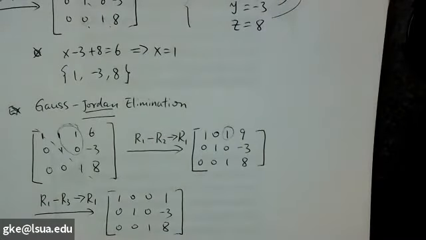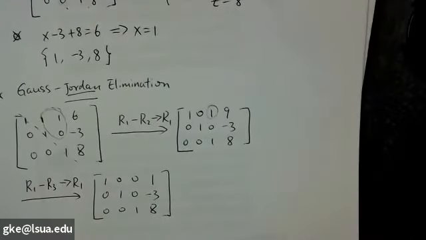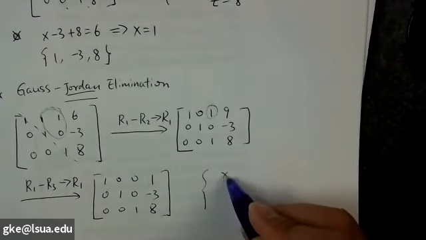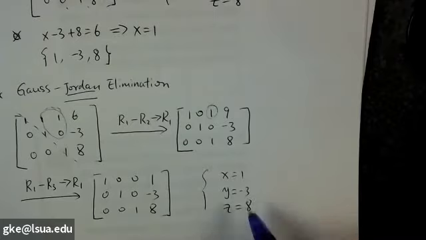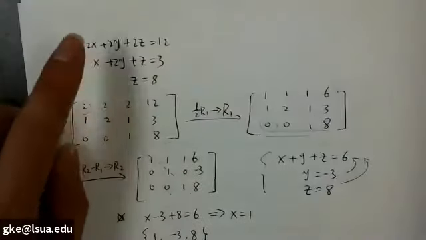That's it. Now you can write down everything: x equals 1, y equals -3, z equals 8. The miracle happens.